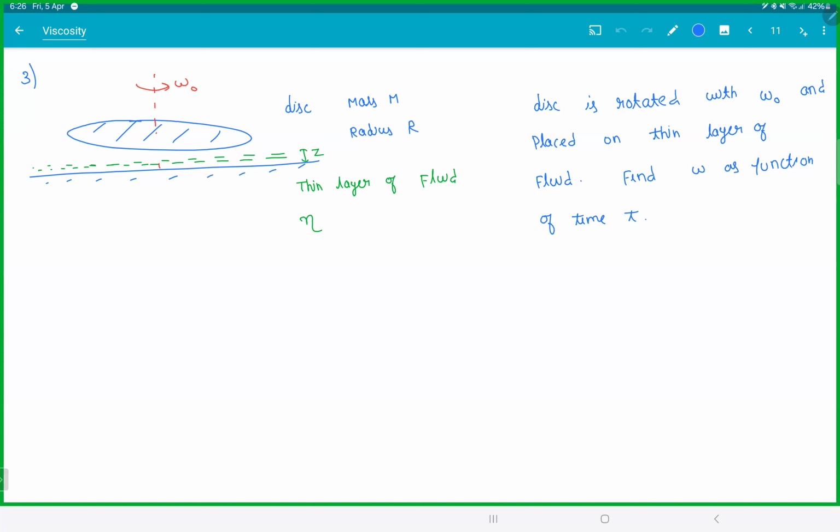So let's start with an element at a distance x. Take a thin ring of radius x and thickness dx.